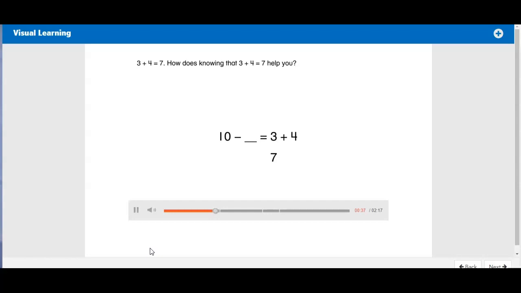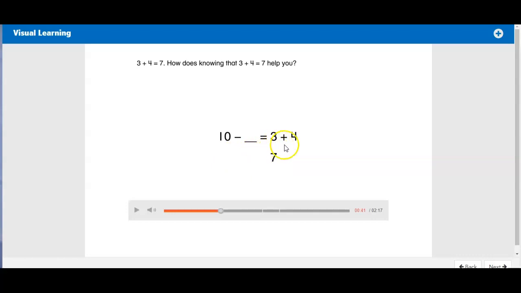How does knowing that 3 plus 4 is equal to 7 help you? By knowing that 3 plus 4 equals 7, we want to find the blank that would make 10 minus blank also equal to 7.